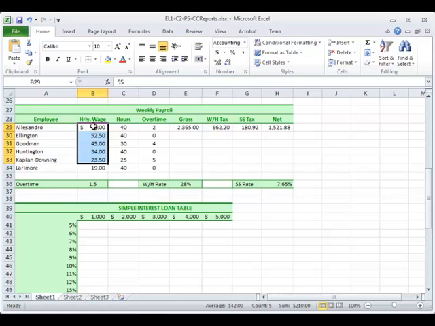So per hour, for example, Alejandro makes $55, and he or she worked 40 hours, and also he worked 2 hours of overtime, and this is how you calculate the gross. The gross means the total amount, the weekly wage that Alejandro would get.